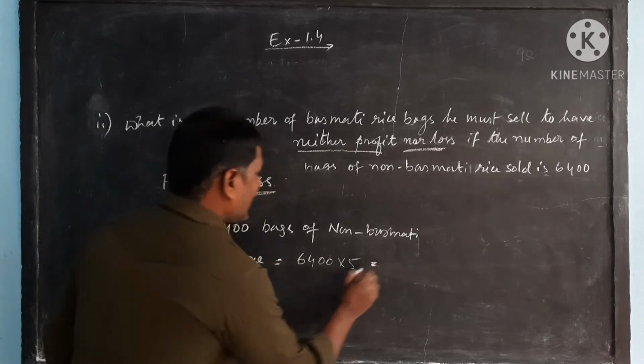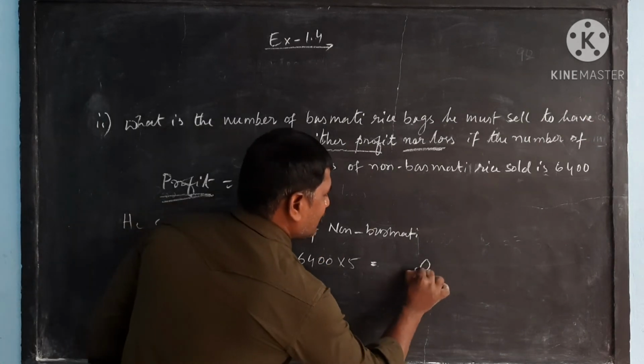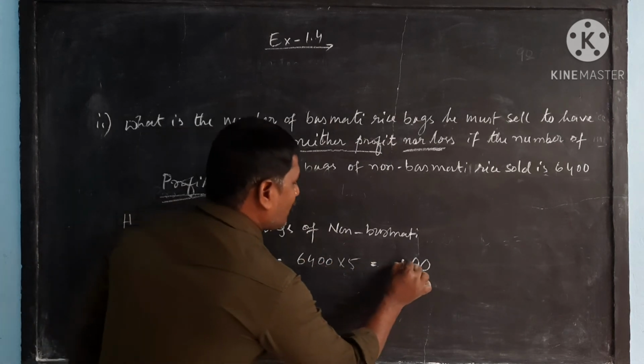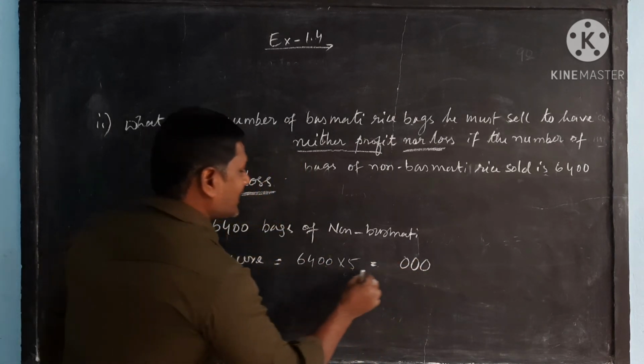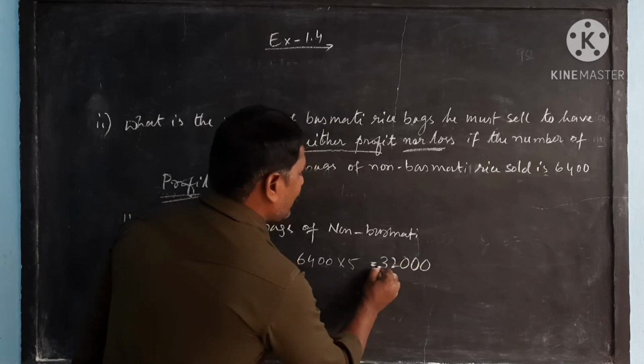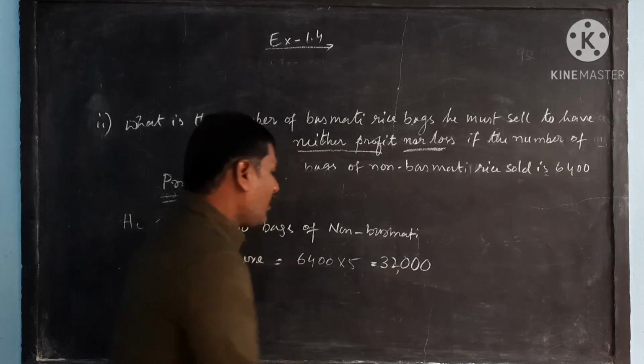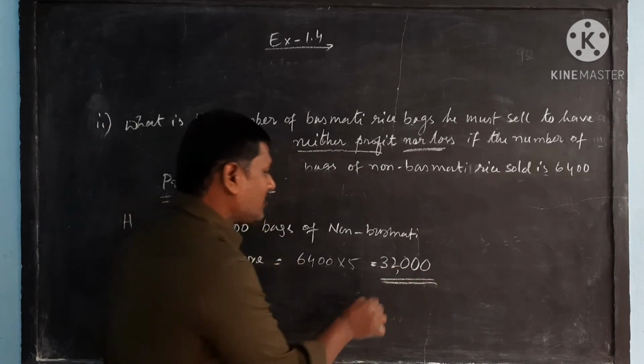Then we will get the answer 32,000. So he will have a loss of 32,000 rupees.